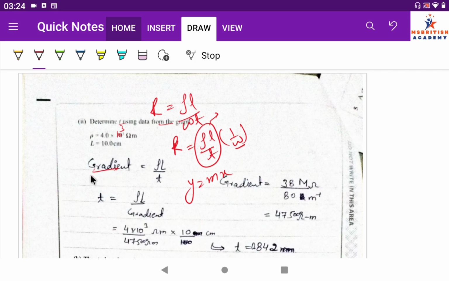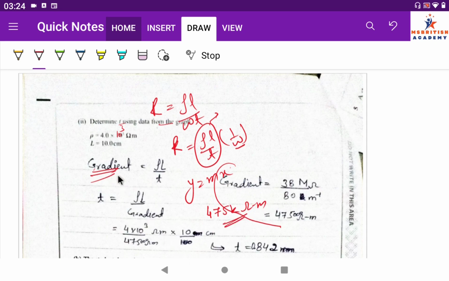For finding the gradient you can use the graph, and from the graph the gradient value is 47500 ohm meter, which means 475 kilo ohm meter.